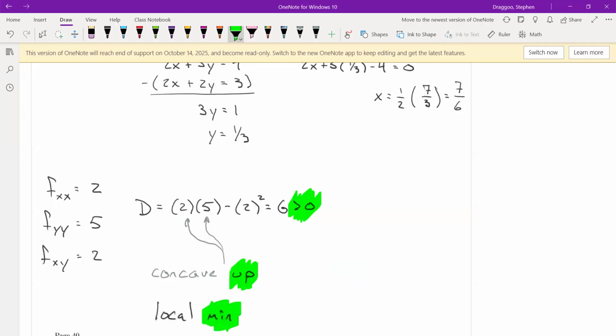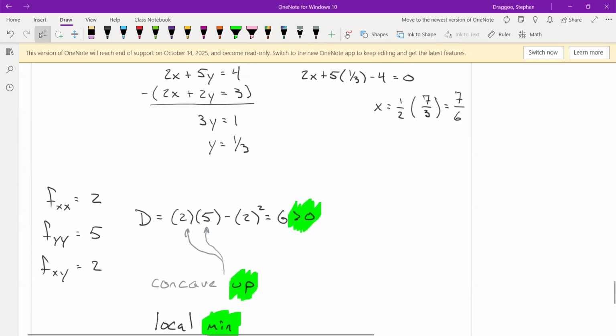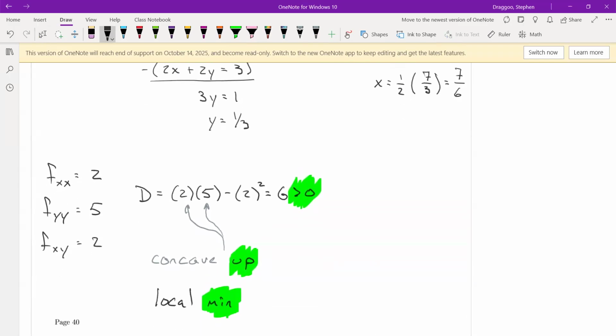Maybe move you out of the way. How about over here? Because the last thing we might want to do is actually figure out what that local minimum is, which would just mean plugging some stuff in. So I know that z is 2 minus 7 over 6 minus 2 times 1 over 3. And that'll come out to a number.